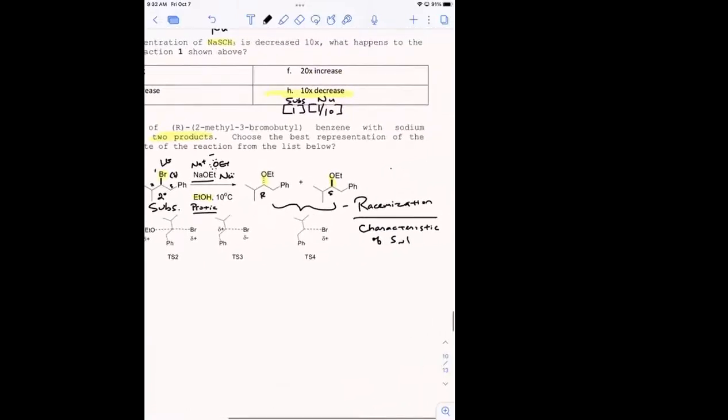What's the rate law for SN1? I'm sorry, it's k times substrate. Thank you. I was about to start playing Jeopardy music. k times the substrate.